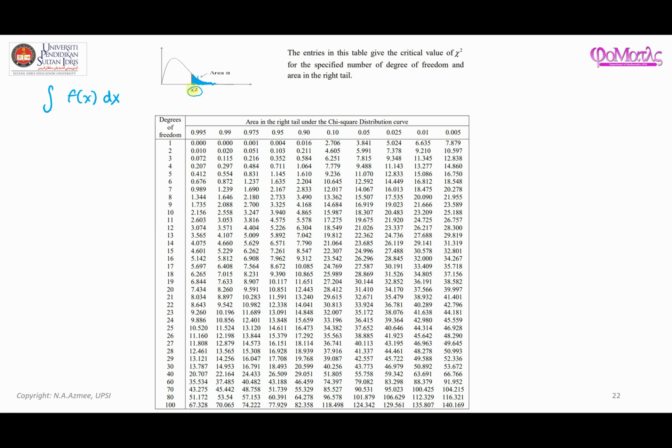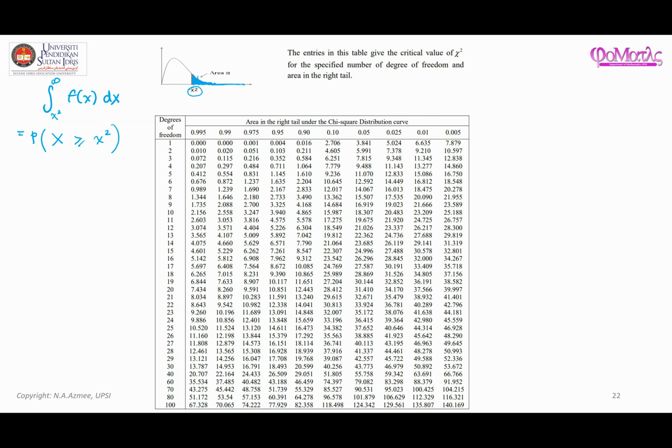Here is the lower limit, which is x2, until infinity, because you go on in this direction. So the upper limit here is infinity. Basically, it's asking the probability of x greater than or equal to x2. So that's the process.